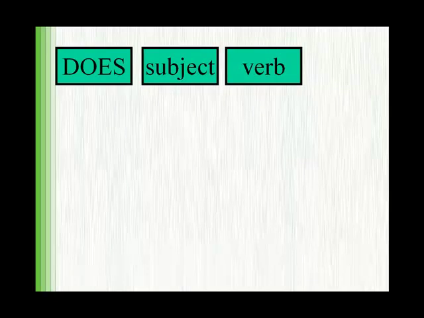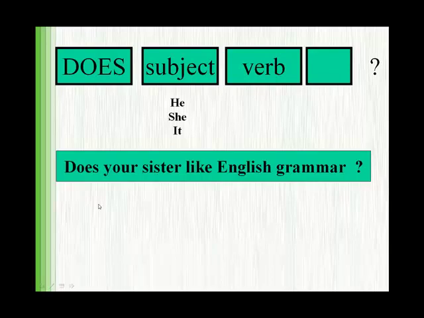And same with does. We use does together with the subject. Next, we write in the verb, then any other word we need to complete the sentence, and then the question mark. He, she, and it are the subjects that go with does. For example, does your sister like English grammar? I know that your sister is the same as she, so I use does.